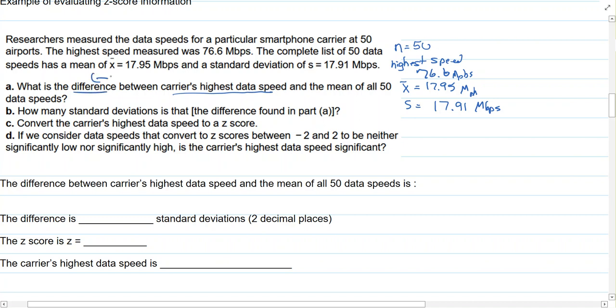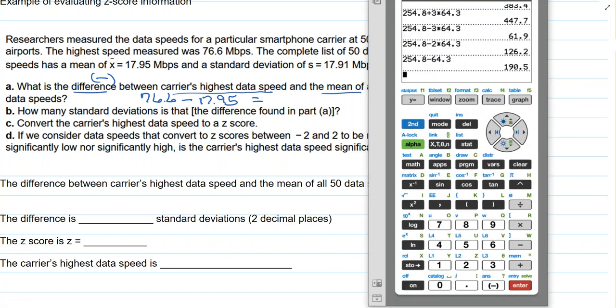Difference means to subtract. So we're going to have the 76.6 Mbps minus the mean, which was very small, 17.95 Mbps. So we're going to do the math on that with our handy dandy calculator.